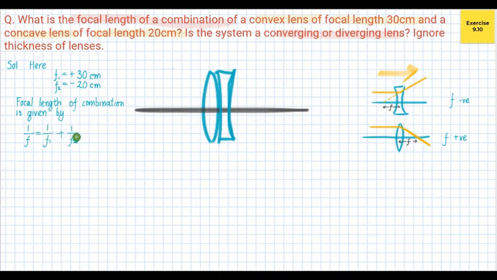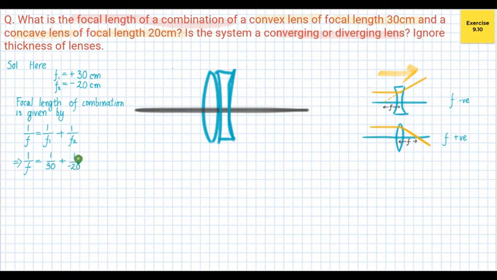So how much is f1? F1 is 30 centimeters. I'll substitute 1 upon 30 plus 1 upon f2. F2 is how much? Minus 20 centimeter. So I'll substitute minus 20 here.